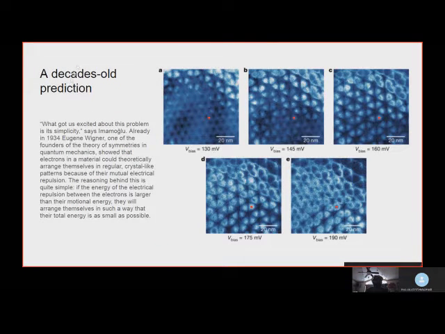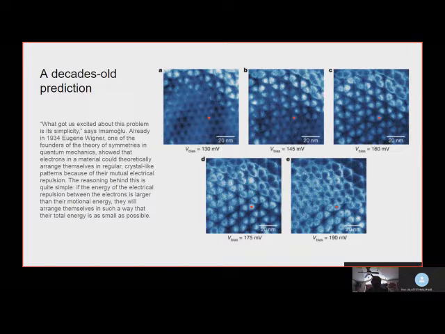This is a decades-old prediction. What got us excited about this problem is its simplicity, says Amoglio. Already in 1934, Eugene Wigner, one of the founders of the theory of symmetries in quantum mechanics, showed that electrons in a material could theoretically arrange themselves in regular crystal-like patterns because of their mutual electrical repulsion.